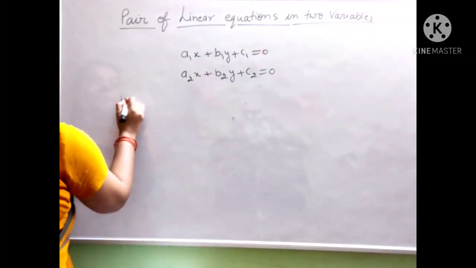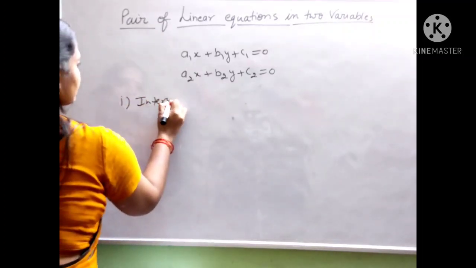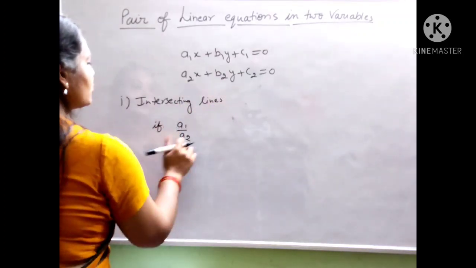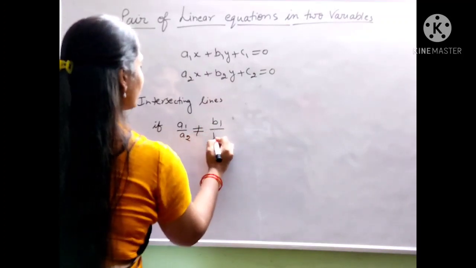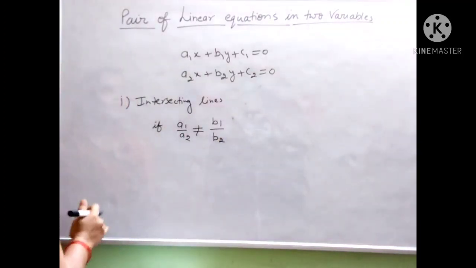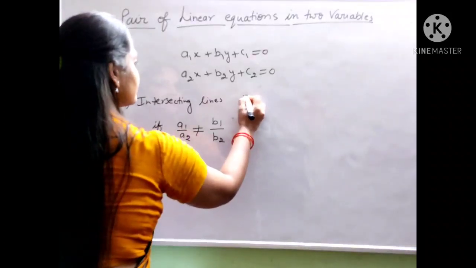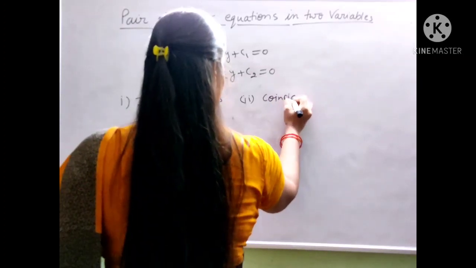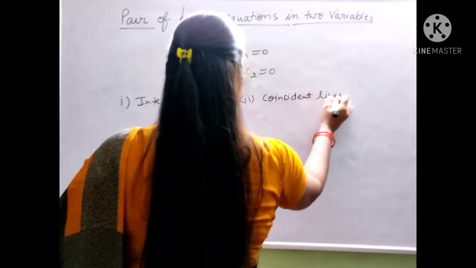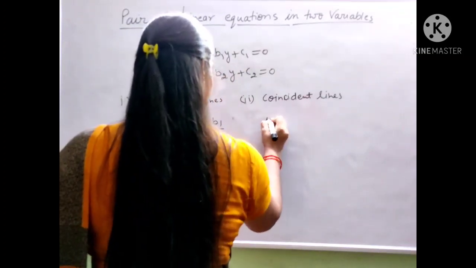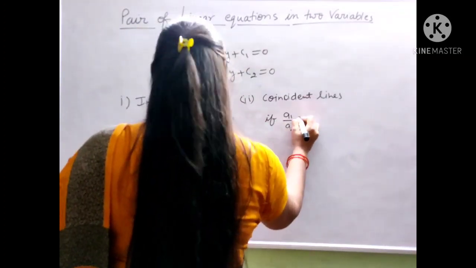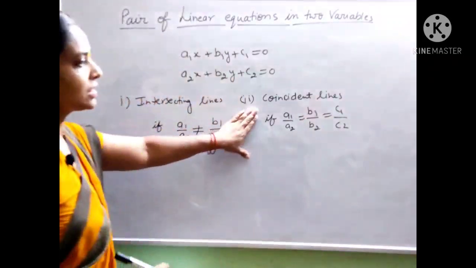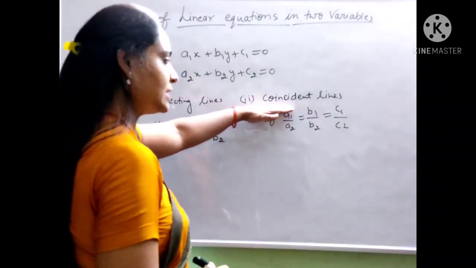First one is intersecting lines. If a1/a2 is not equal to b1/b2, then the given lines are intersecting lines. Second is coincident lines. If a1/a2 = b1/b2 = c1/c2, then the given lines are said to be coincident lines.